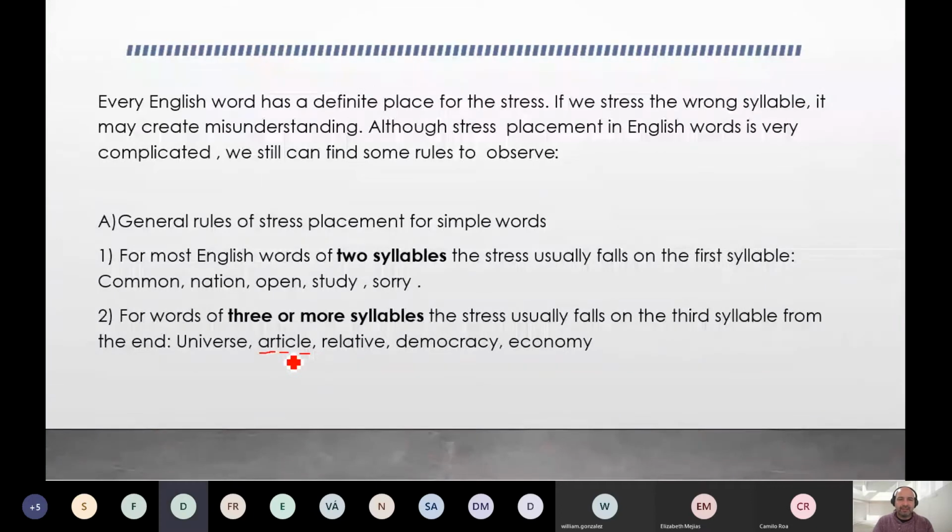Article has 3 syllables, right? And then we come from right to left, 1, 2, and 3. And that's where we place the primary stress, article. So that's a general rule.